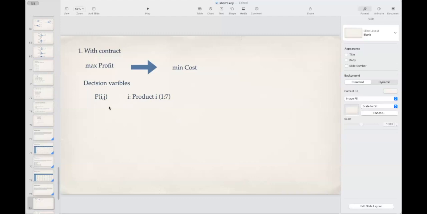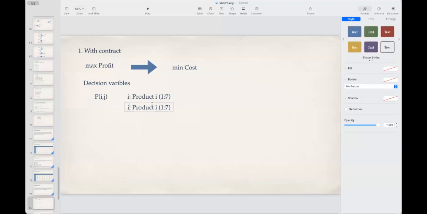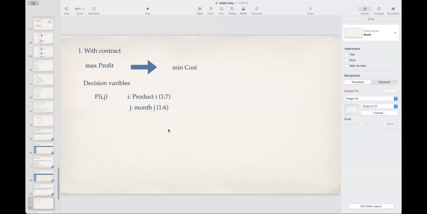What else? J is month, right? J is month, 1 to 6, right? We have 6 months.